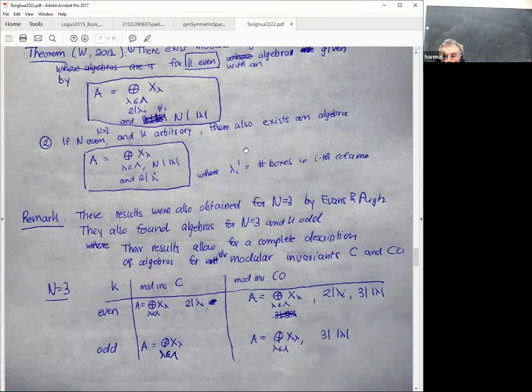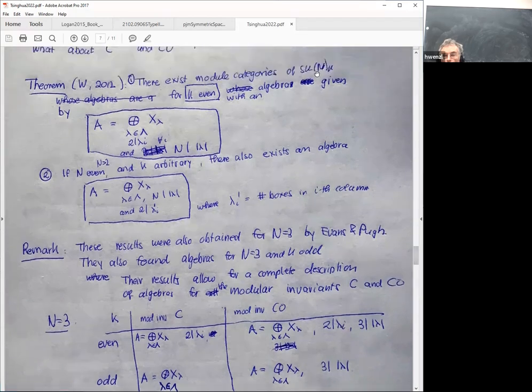Now, so this was true for pretty general N: part 1 was shown for arbitrary big N, and part 2 was shown for arbitrary big N even.